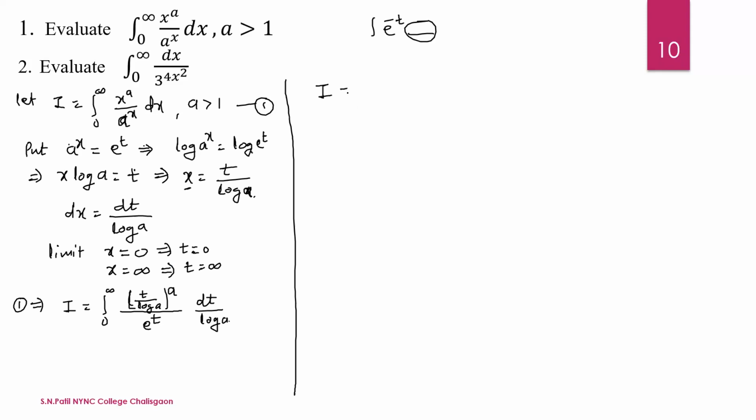Now here t raised to a in the numerator, and in the denominator the bracket of log of a raised to a, and already log a is there, and here 1 upon e raised to t can be written as e raised to minus t dt.